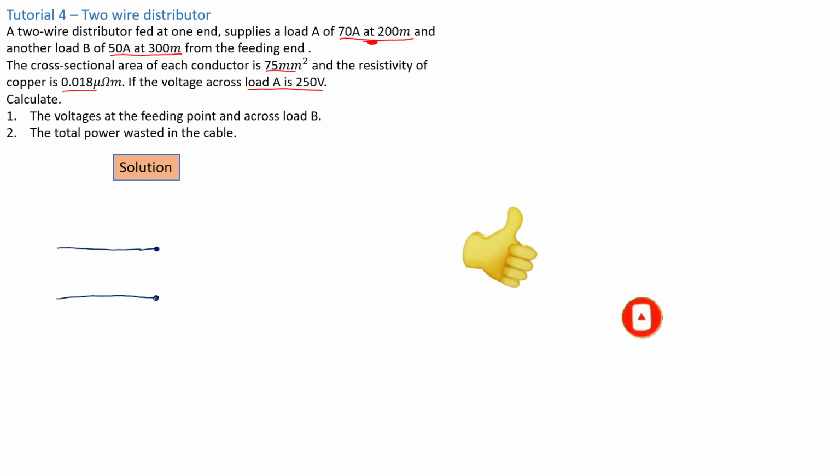So this is a two-wire distributor. So I've got my two wires here. And this is point A, because they told me that point A is situated where? At 200 meters. So this distance here is supposed to be 200 meters. All right, then at point A we've got what? We've got a load.